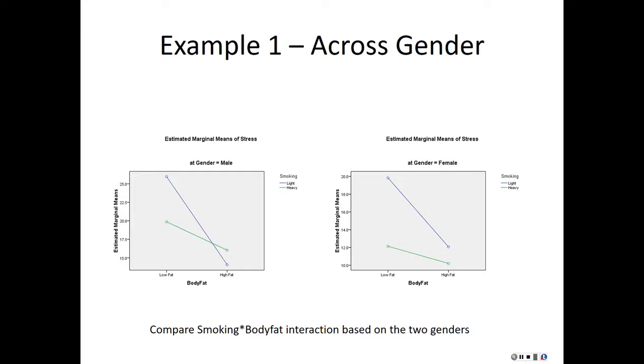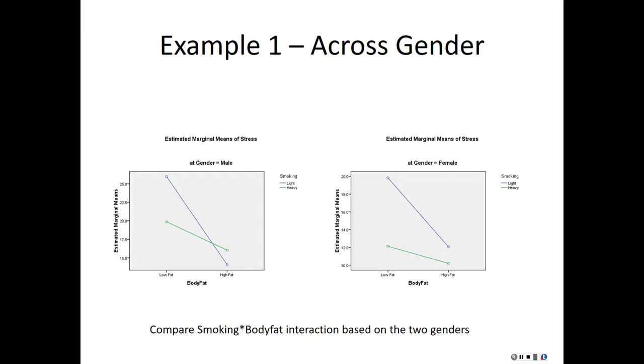Let's just pretend that the only difference is in the low-fat condition for the 2 genders, and that the high-fat is no different. So what that is saying is that there is more of an effect of smoking for women. If you see the mean differential between the females and the males, it's much larger.